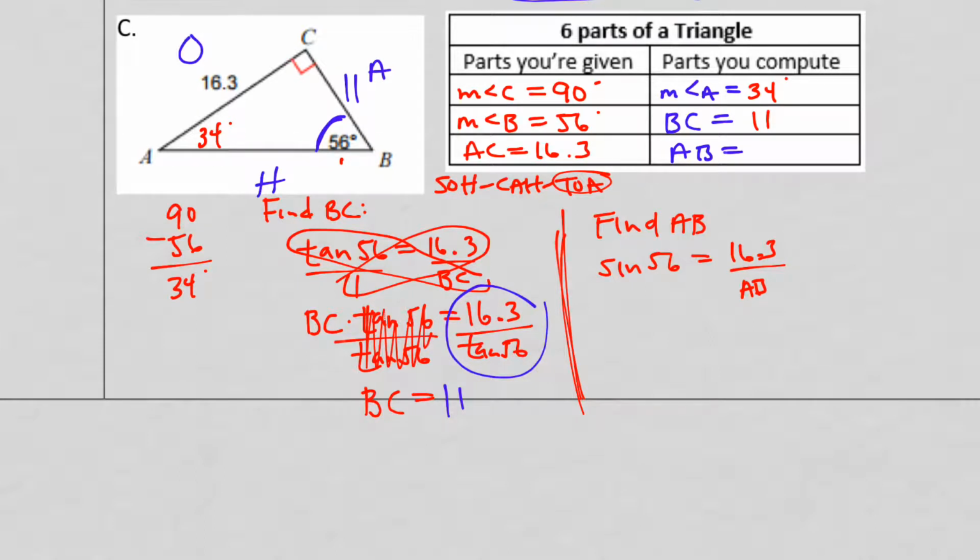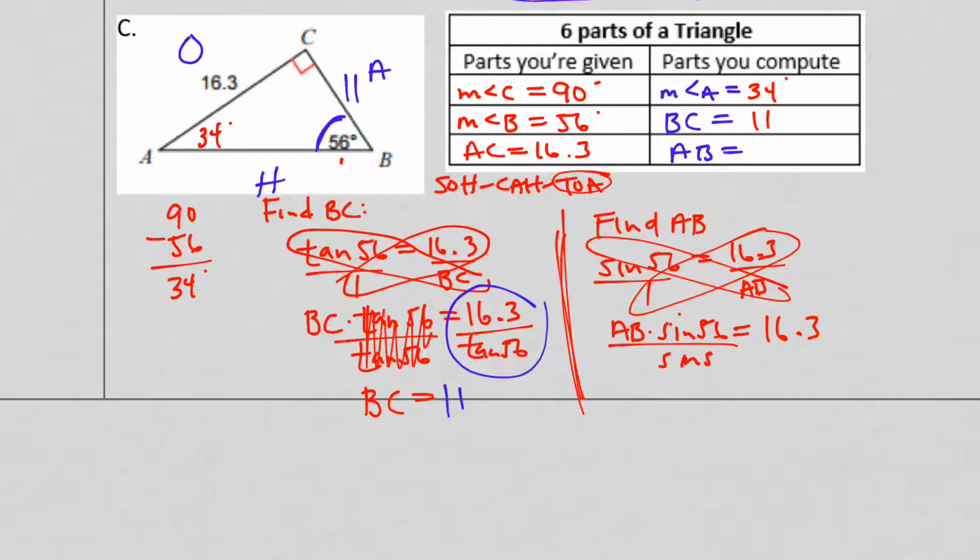This has the same work as the previous example. This is a proportion, so cross product. I get side AB times sine of 56 equals 1 times 16.3, which is just 16.3. To finish here, I'll divide by sine of 56.